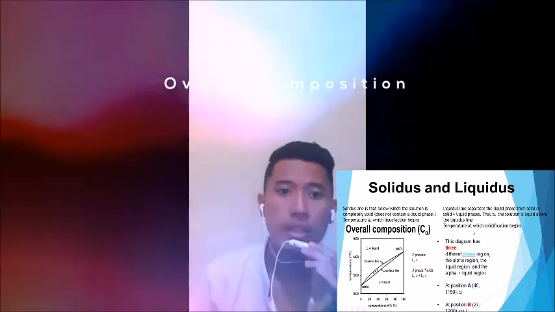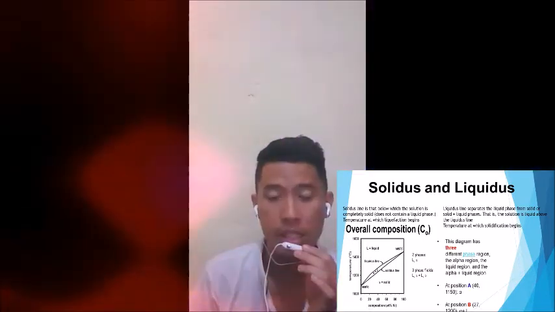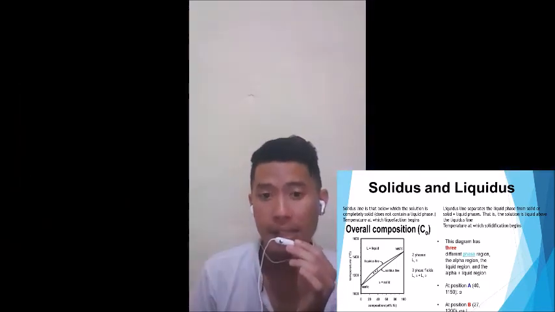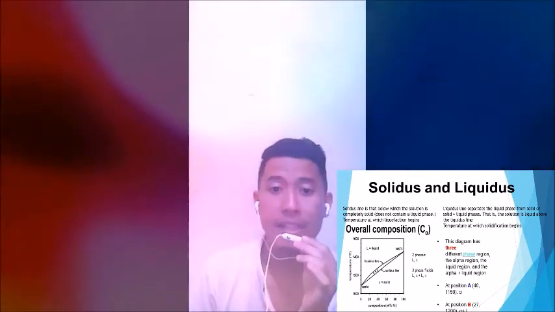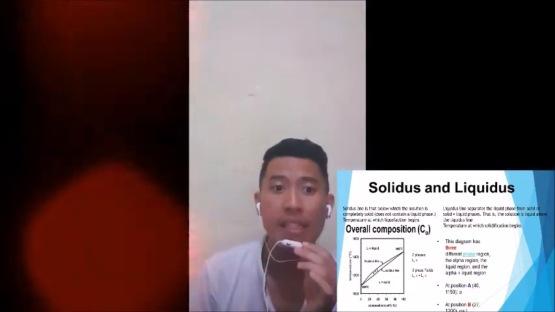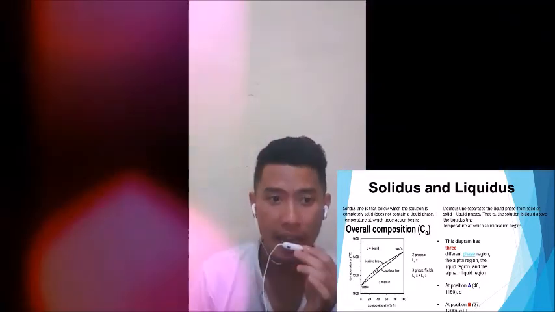This is the overall composition of a mixture at any given temperature. The diagram has axis Y, which is temperature, and axis X is composition. In this diagram, we can determine the liquidus line and solidus line.